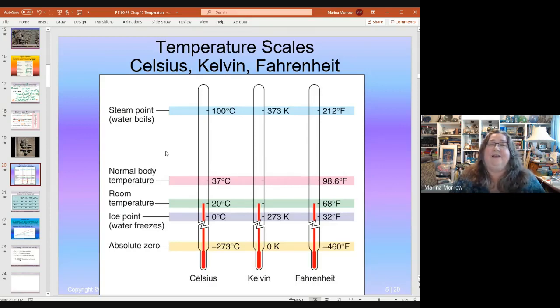So he figured that he would go for the coldest day in Germany. So he'd take his thermometer out every day and check to see what the temperature was in Germany. And so the coldest day where the thermometer went down to the lowest point, that became his 0.